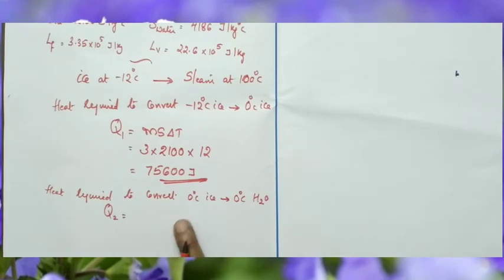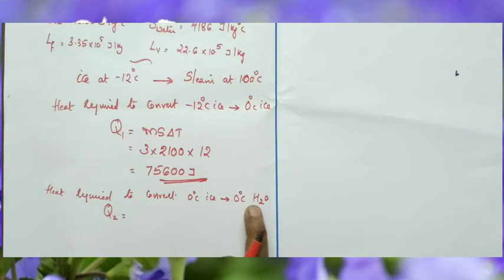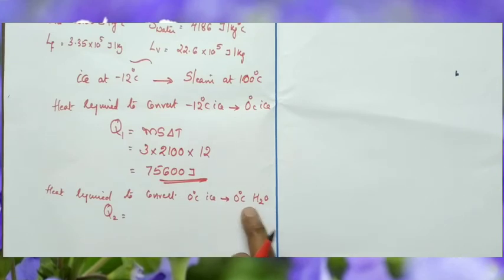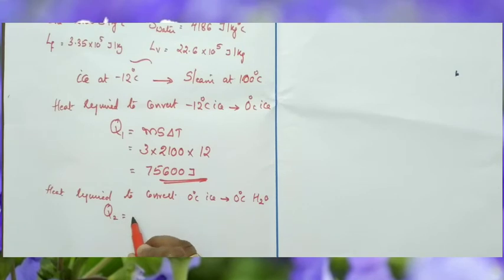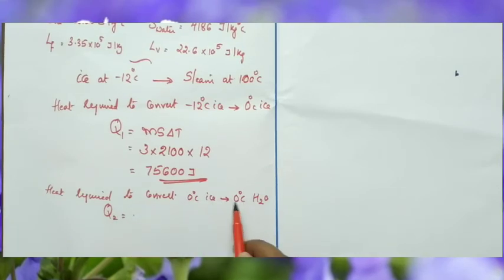Next is the quantity of heat required to convert 0 degrees Celsius ice to 0 degrees Celsius water. If 0 degrees Celsius ice is given some quantity of heat, it first converts to 0 degrees Celsius water. What is the quantity of heat required? Here Q2 equals, there is no change in temperature, only change of state is taking place.